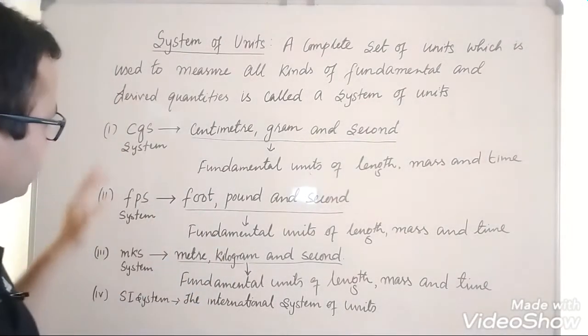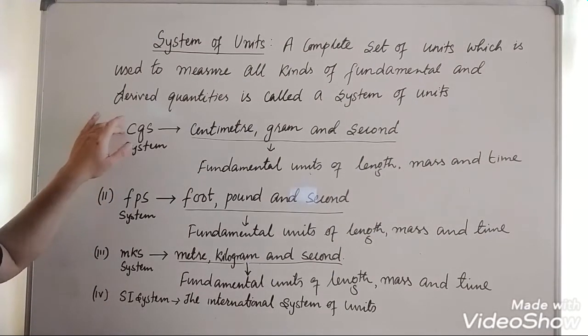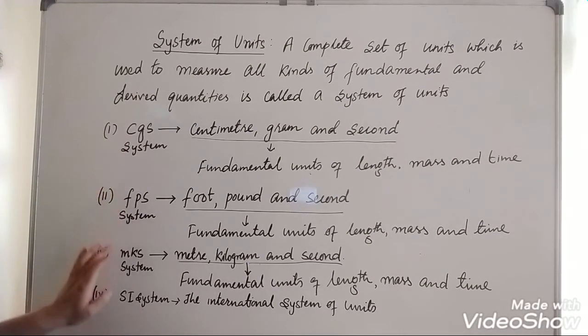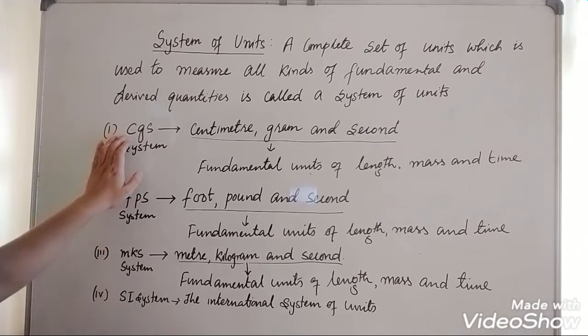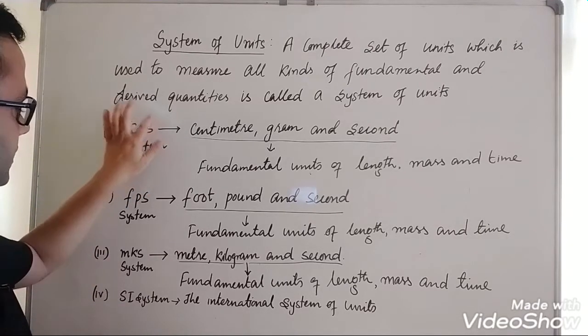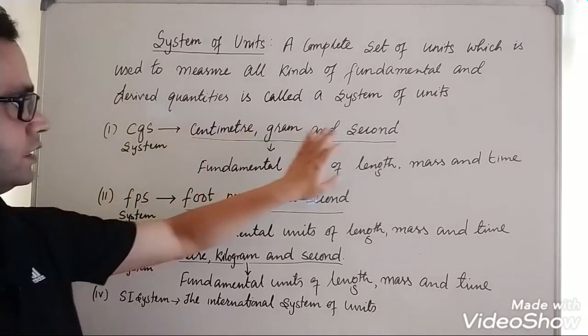So there are four systems of units. One is CGS, FPS, MKS and SI system. The full form of CGS is centimeter, gram and second.